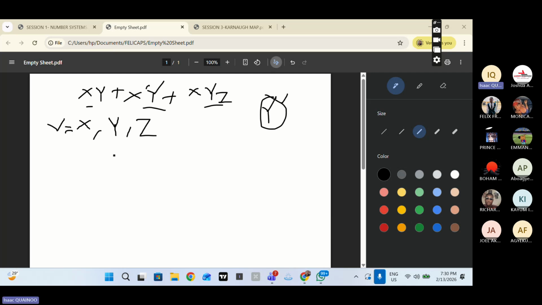So these are the main variables of this expression, right? And then we also have something we call literals. Please, let's understand the difference between variables and literals. Literals refers to all members of an expression, whether you have the same variable repeating or not. We still consider each as a separate literal. For instance, this product term contains two literals, x and y.